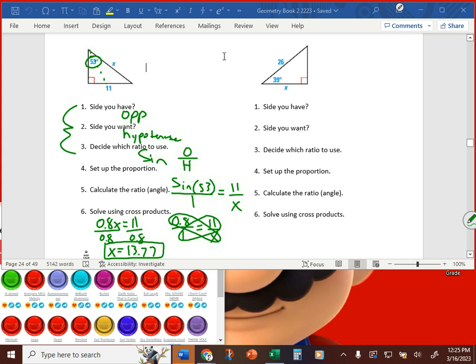Hypotenuse is x. That's how you know it. You follow the ratio. That's why SOHCAHTOA can be so helpful, right? SOHCAHTOA is a nice, catchy little abbreviation that tells you the order that the sides should be put in. Sine is always opposite over hypotenuse. Cosine is always adjacent over hypotenuse. And tan is always opposite over adjacent.